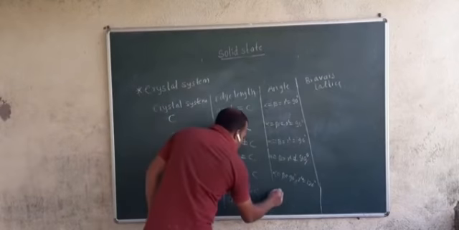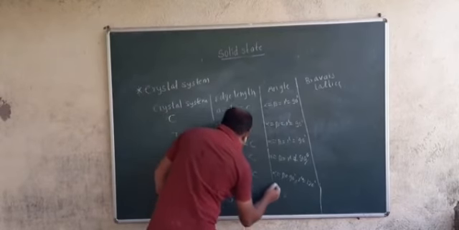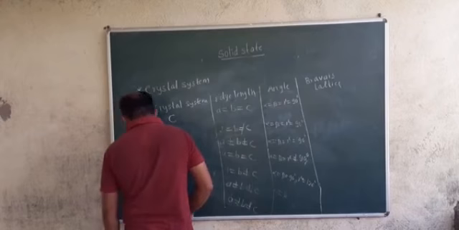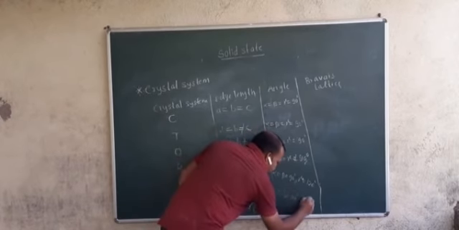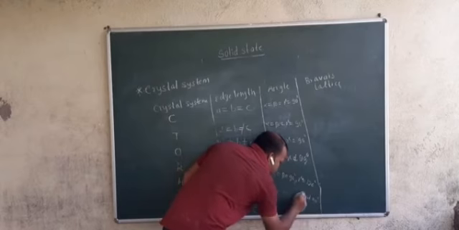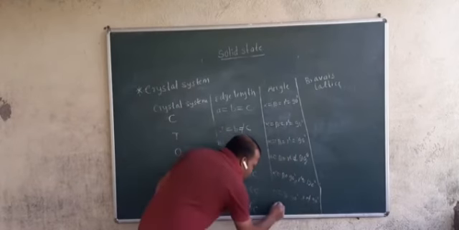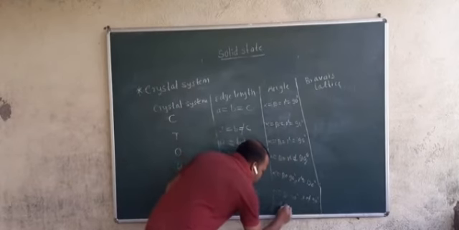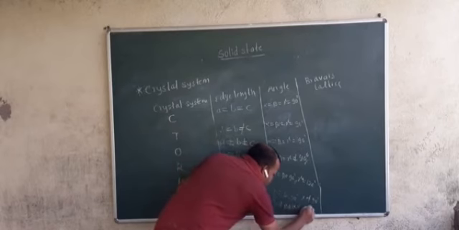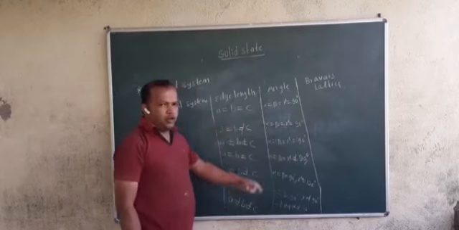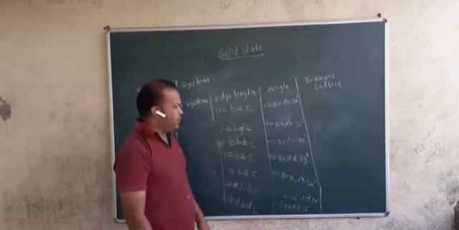Next one, alpha, beta is equal to 90, but gamma is not equal to 90. And the last one, alpha is not equal to beta, beta is not equal to gamma, gamma is not equal to 90. In your notes clearly I will mention this.